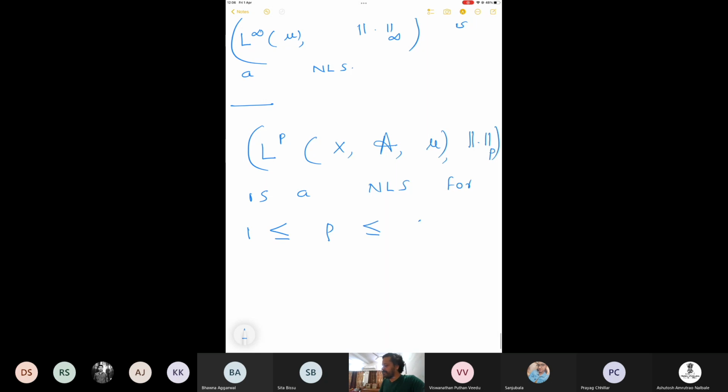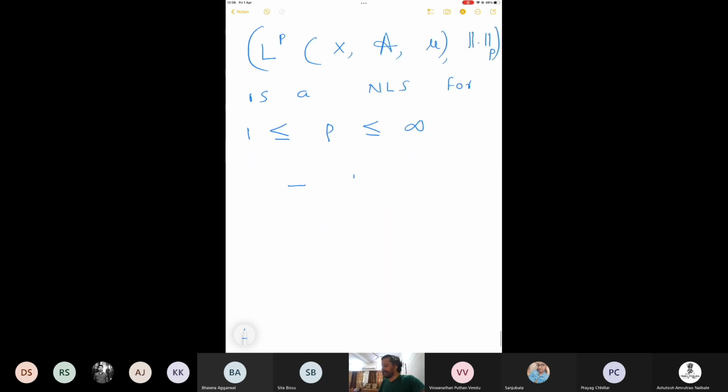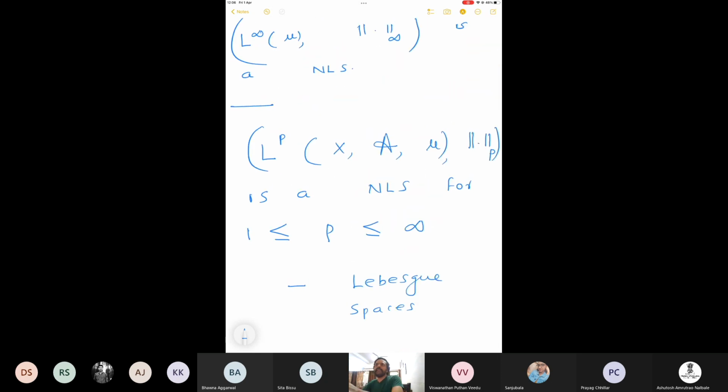So now you can club. Thus, what you have is L p of X, A, mu along with the norm p is a normed linear space for 1 less than or equal to p less than or equal to infinity, and these spaces are called Lebesgue spaces. But keep in mind that for p equal to infinity, the definition of L p and the definition of norm are both different.